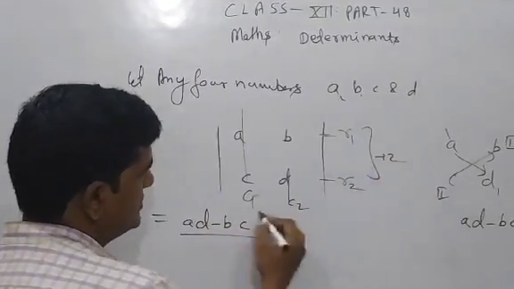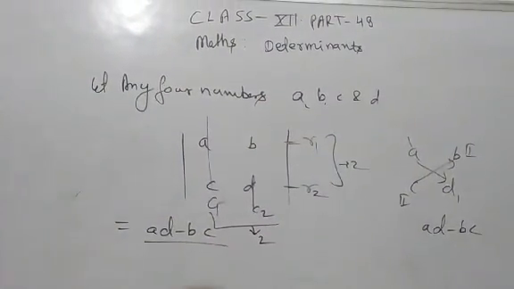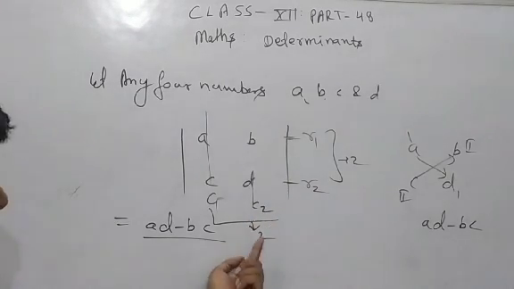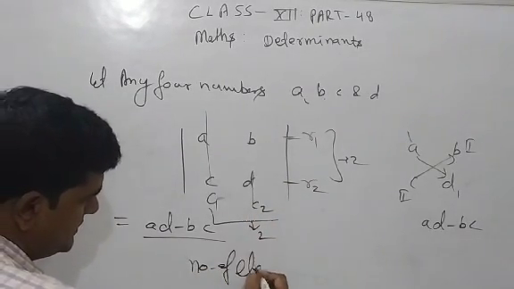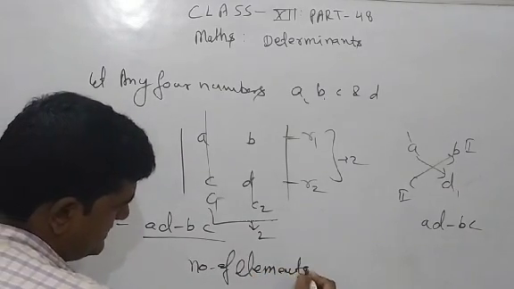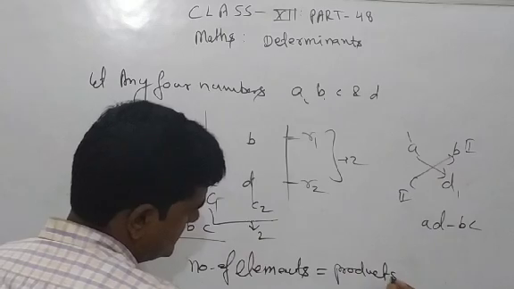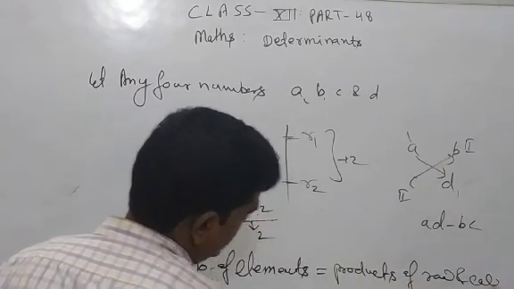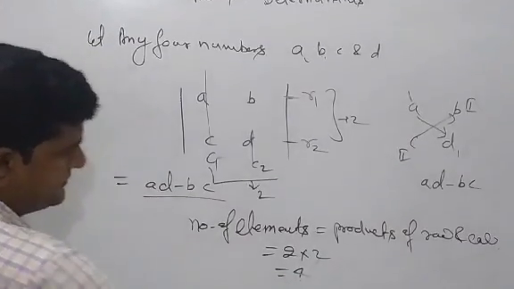This is two rows and two columns. Clear? Then the total number of elements is 4. How? 2 into 2. The number of elements is equal to the product of rows and columns. It means 2 into 2 is equal to what? 4.